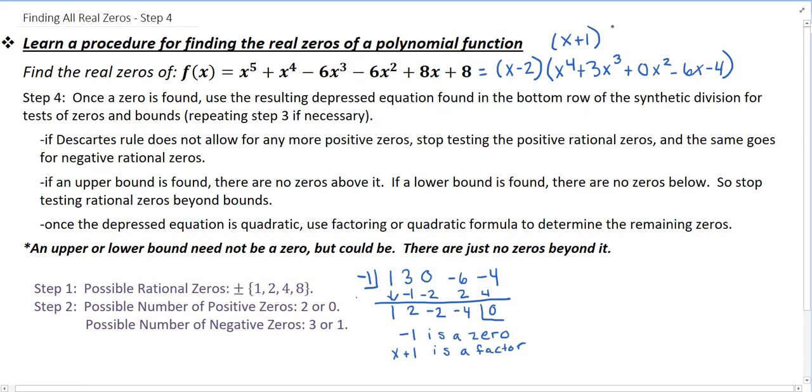And it's going to have the coefficients x to the 3rd plus 2x squared minus 2x minus 4. So we've factored that factor down.